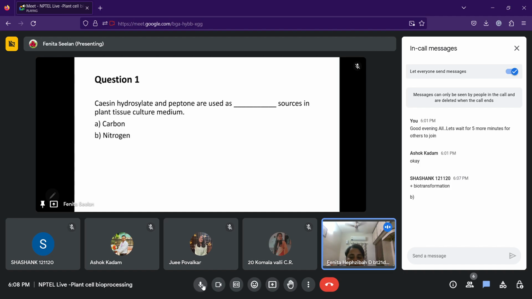What do you think are the major sources of energy or nutrients needed for plants for in vitro culturing, which would be present in the plant tissue culture medium which we are preparing? The answer for this question is nitrogen. So obviously nitrogen is there. What else will be there?